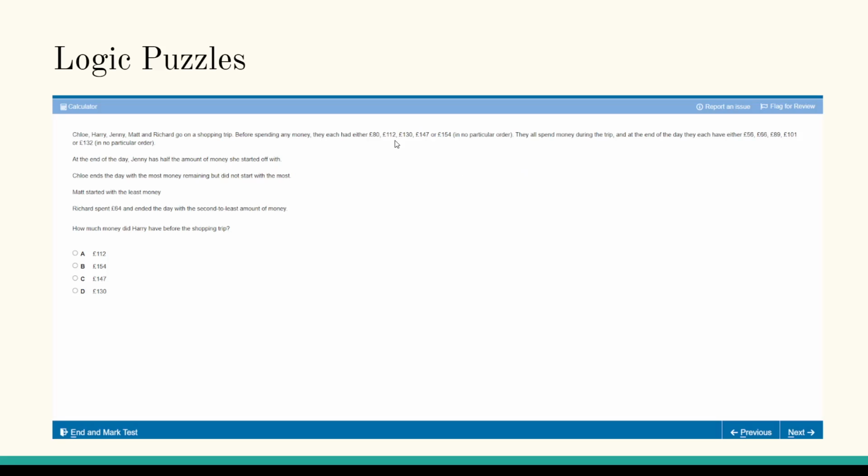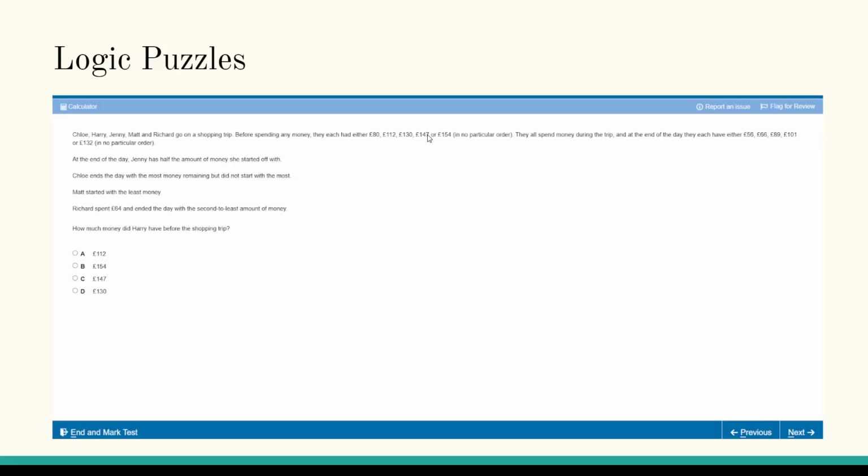So straight away we can get our calculator out and start halving these values here. 80 will give us 40, 112 will give us 56, and 130 will give us 65. If we check here, we have a value of 56, which seems to be the only match at the moment.